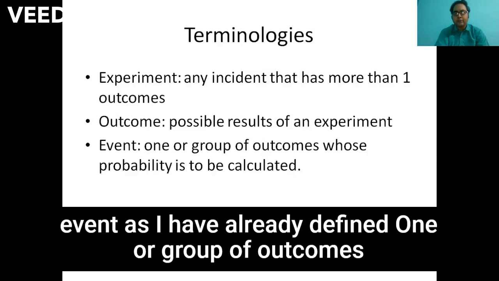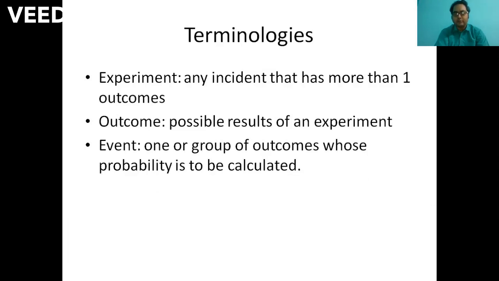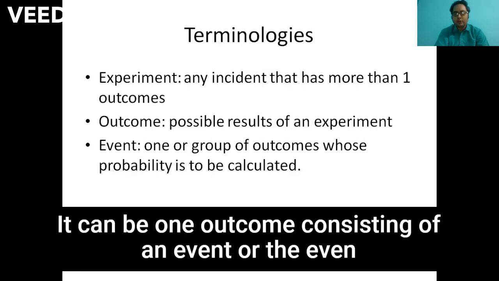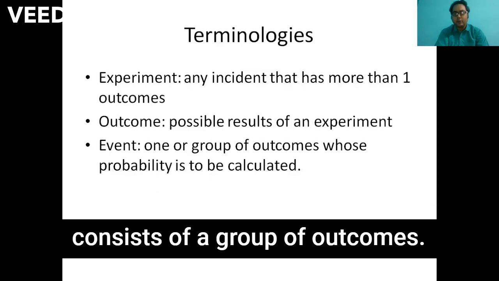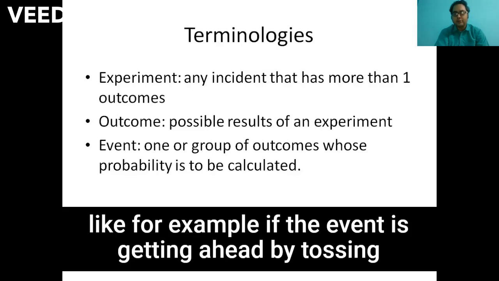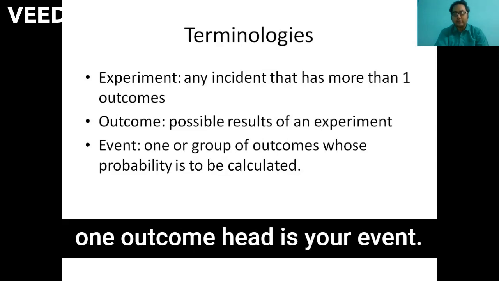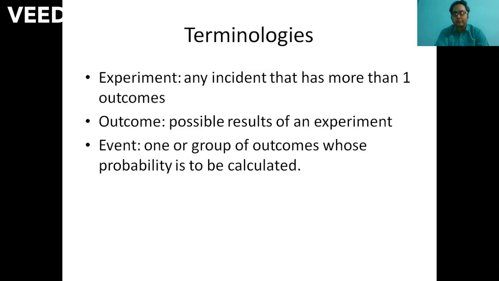Event, as I have already defined, is one or group of outcomes whose probability is to be calculated. It can be one outcome consisting of an event, or the event can consist of a group of outcomes. For example, if the event is getting a head by tossing of a coin, then there are two outcomes, head and tail, and only one outcome, head, is your event.